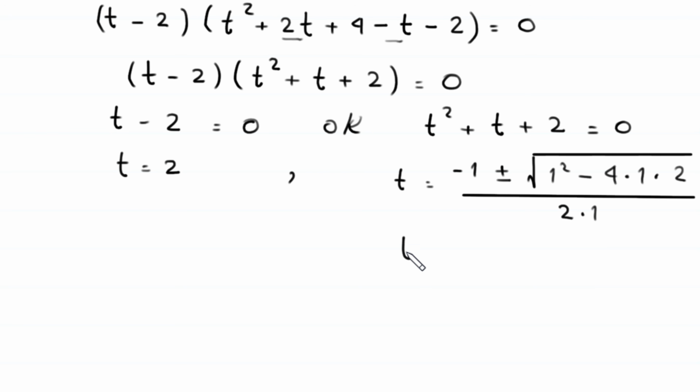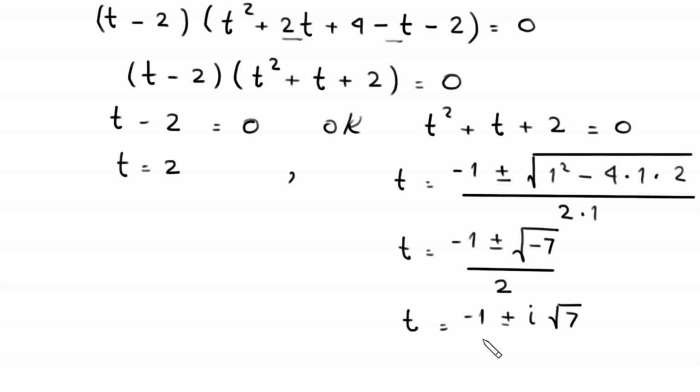Further simplify, t will be equal to negative 1 plus minus root of negative 7 divided by 2, and this will become t is equal to negative 1 plus minus i times root 7 divided by 2.